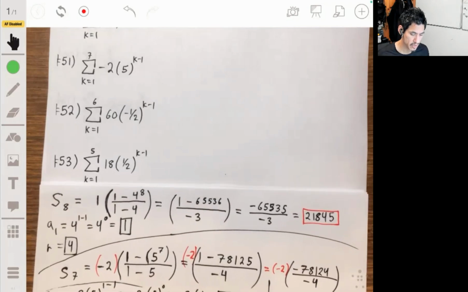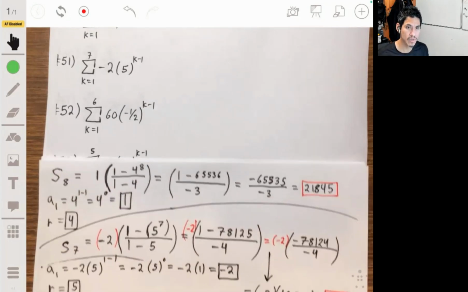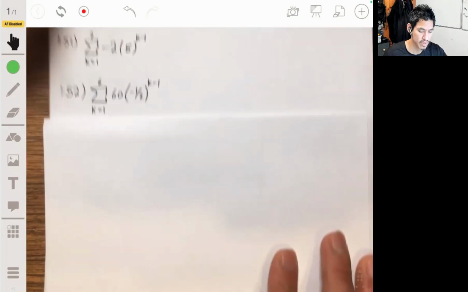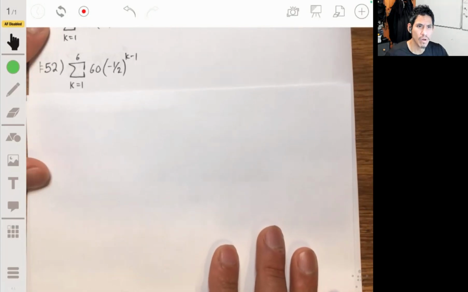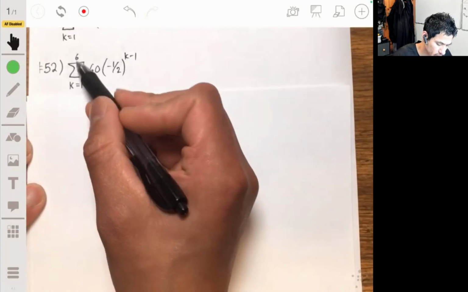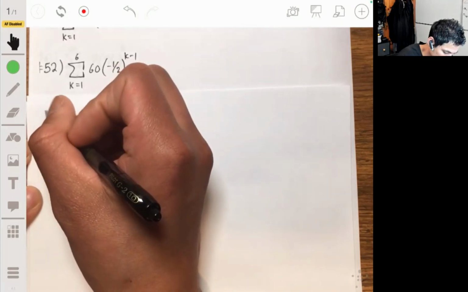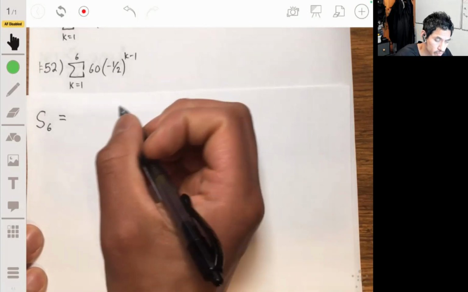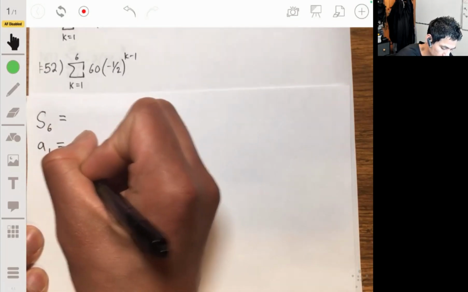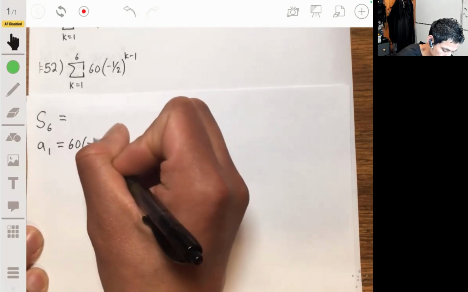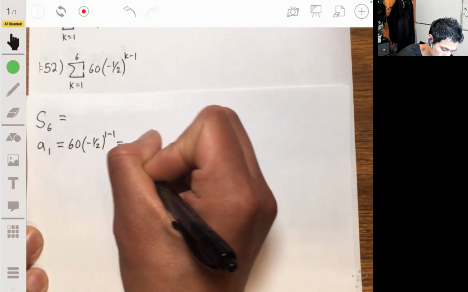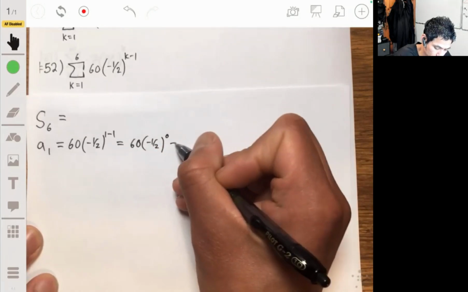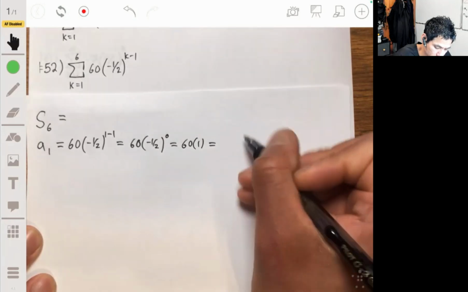All right, 2 more of these. So 52. Flip this over. The sum of the first 6 terms, S6. Finding A1, we just plug in 1 into there again. We get 60 times negative 1/2 to the 1 minus 1, so 60 times negative 1/2 to the 0, 60 times 1, or just 60 then.